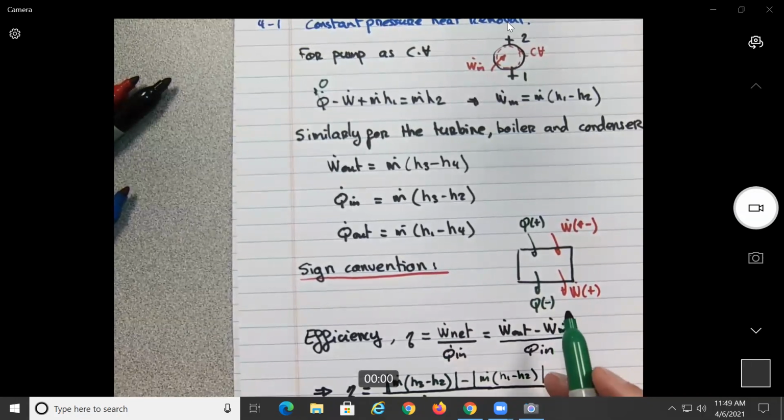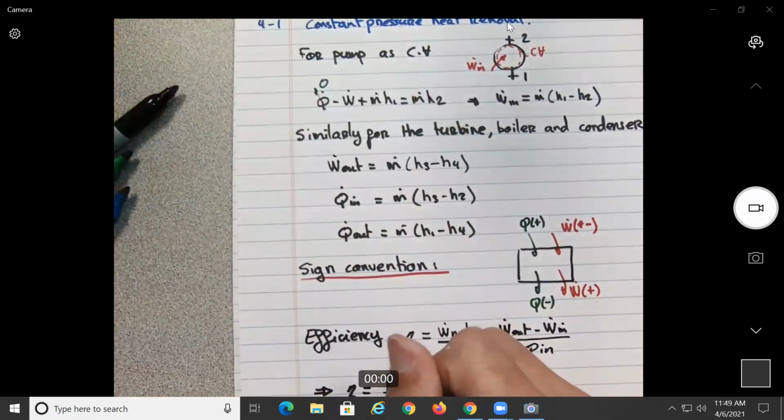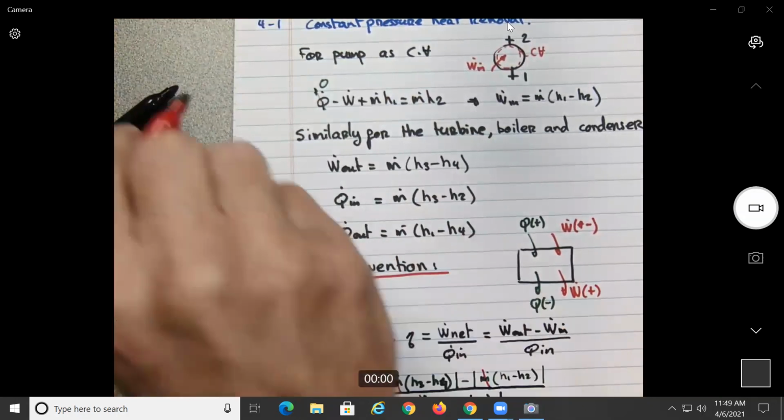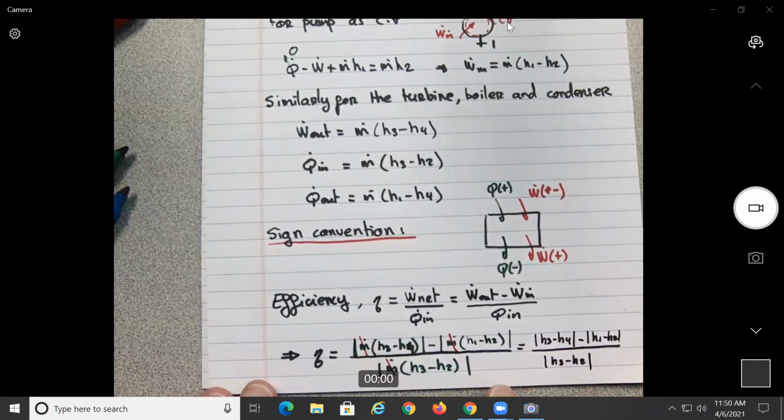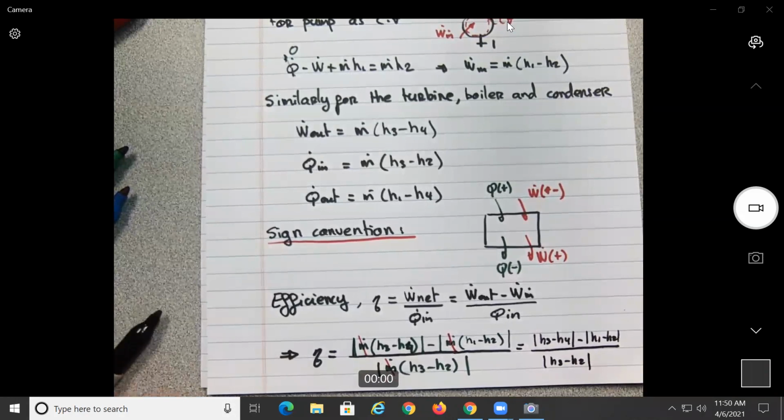Wait, I made a mistake here. Out is H3 minus H4. Okay, so this is a 4 on top, and this is H3 minus H2. So over here, basically all the m's cancel out. And we end up with the efficiency to be the absolute value of H3 minus H4 minus absolute value H1 minus H2, over absolute value H3 minus H2. I'm going to rewrite it on the next page, okay? Just to make sure that everything is clear.